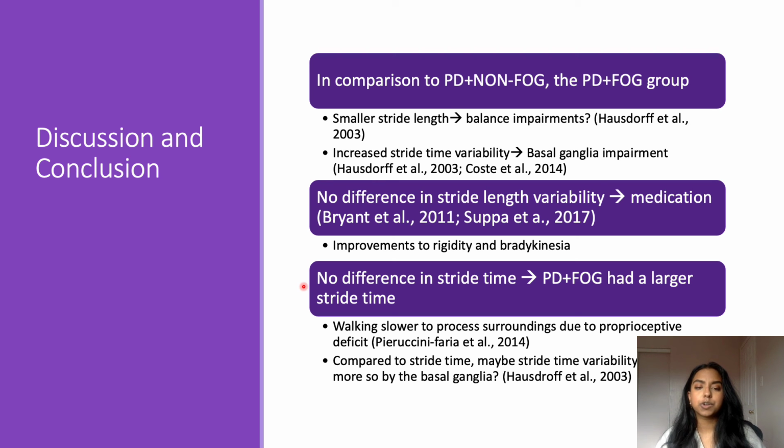And finally, there was no difference in stride time between both groups either, although there was a slight increase in stride time for the freezers in comparison to the non-freezers. This could be because the freezers slow down to process their surrounding environment as they're walking because of their proprioceptive deficits. Or it could be because compared to stride time, maybe stride time variability is more so modulated by the basal ganglia.